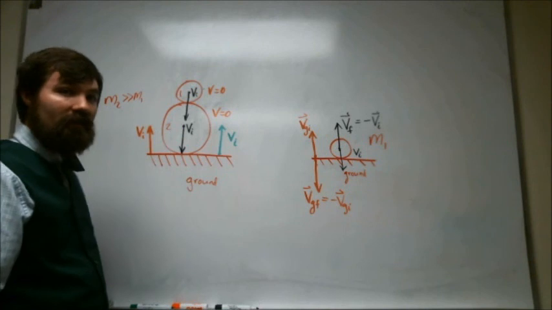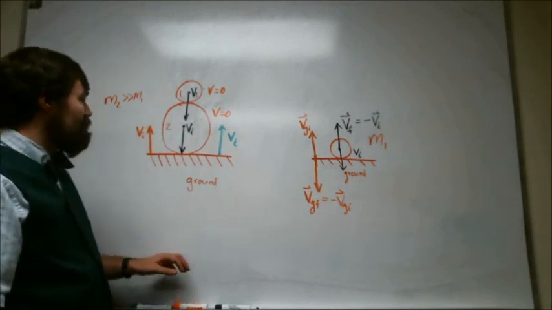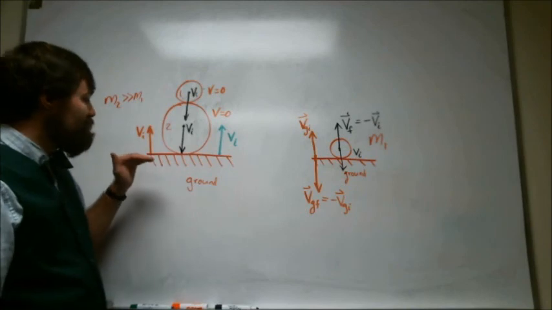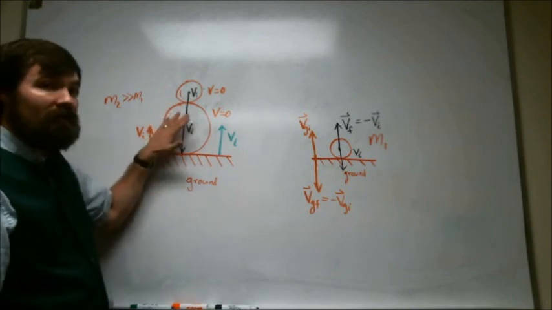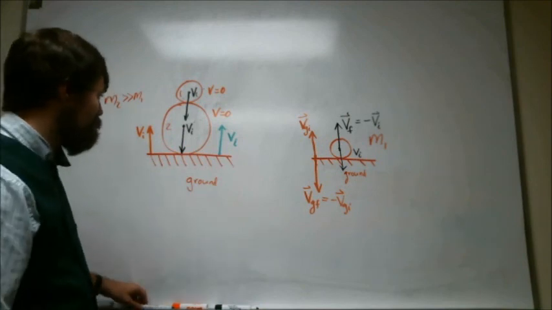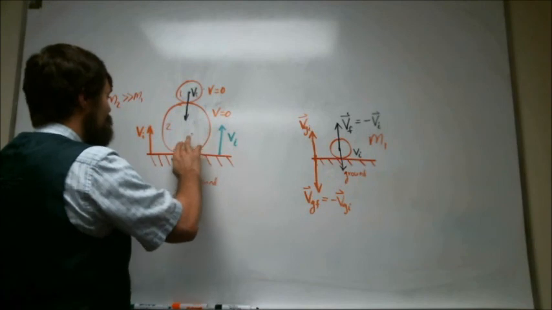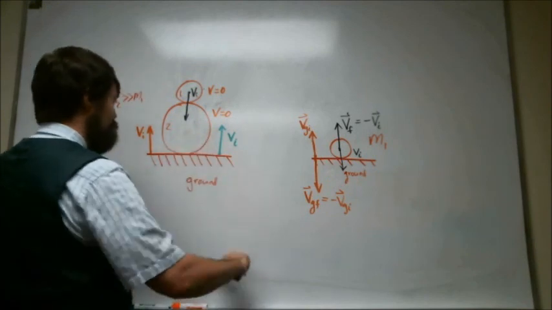So these things hit the ground, and what happens? Well, from the perspective of the ground, ball 2 has hit the ground, ball 1 hasn't impacted yet, and so what ends up happening is that ball 1 bounces off of the ground.